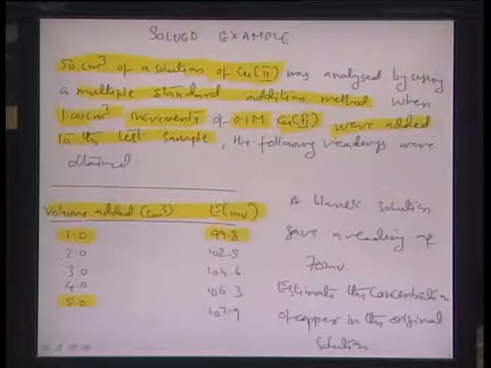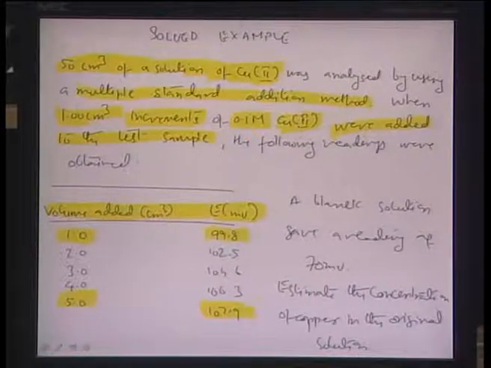Every time you are adding 1 increment, 1 becomes 2, 2 becomes 3, 3 becomes 4, and so on. At the end, after 5 increments, the volume 50 centimeter cube gets increased by 5 centimeter cube, and the EMF found in that case is 107.9 millivolts.